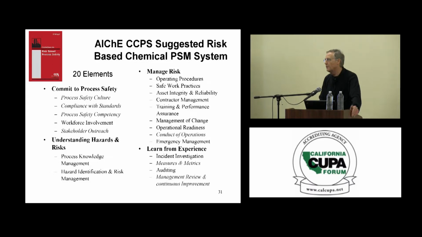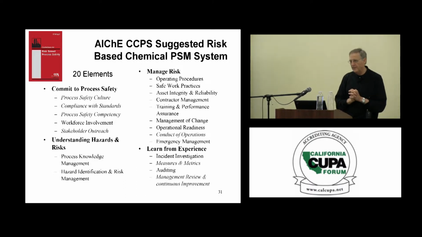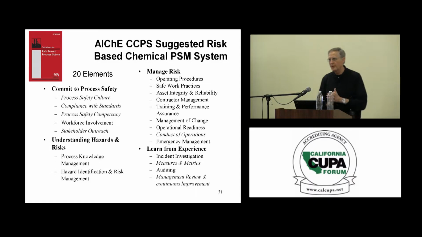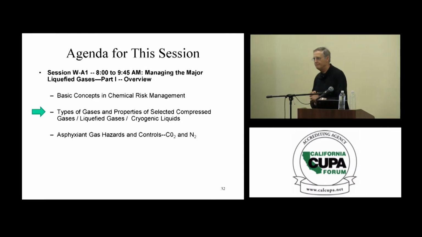Now, let's get into what you probably really came to hear about, which is types of gases and properties of selected compressed gases, liquefied gases, and cryogenic liquids. So, how many of you know off the top of your head what the definition of a cryogenic liquid is in California? Anybody?